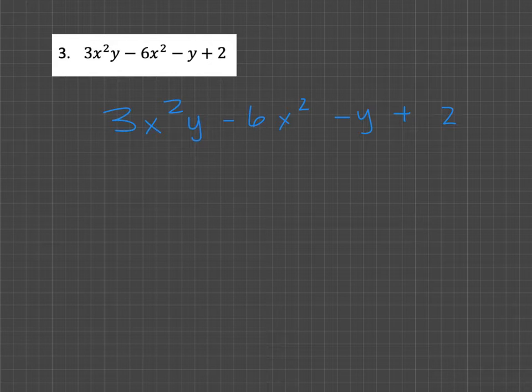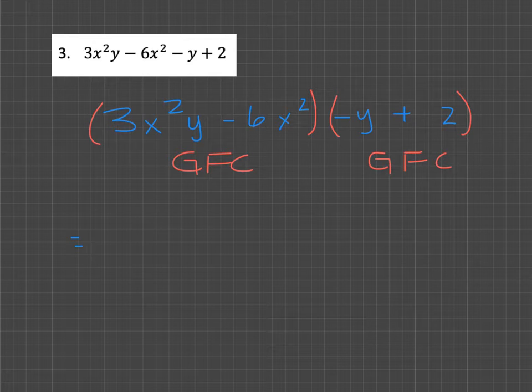And in grouping, we separate it into 2 groups and then find the greatest common factor for each of those groups. We can bring out a 3x squared from this first group. And we'll be left with, in the first term, a y, and in the second term, a 2.